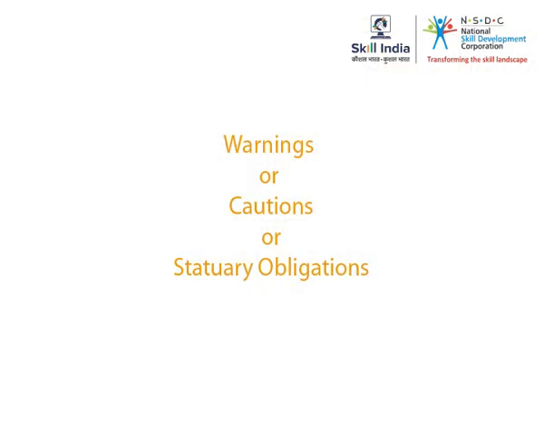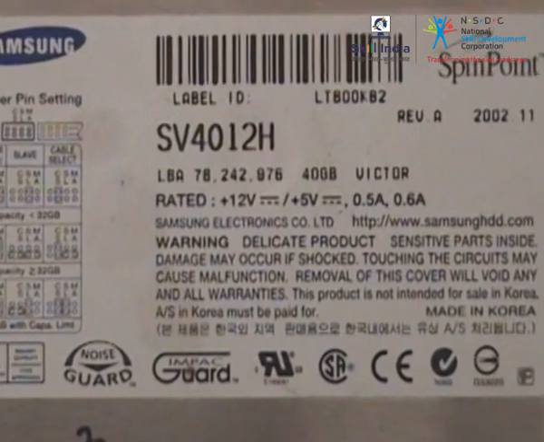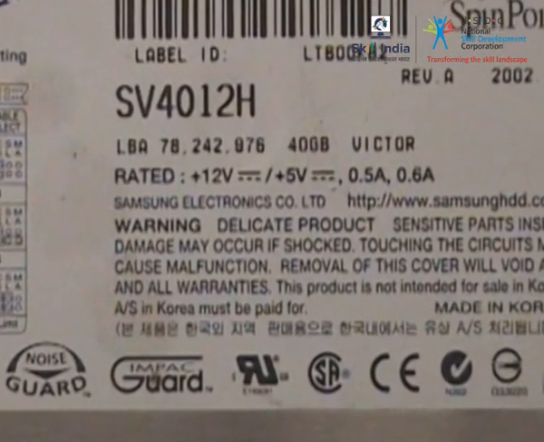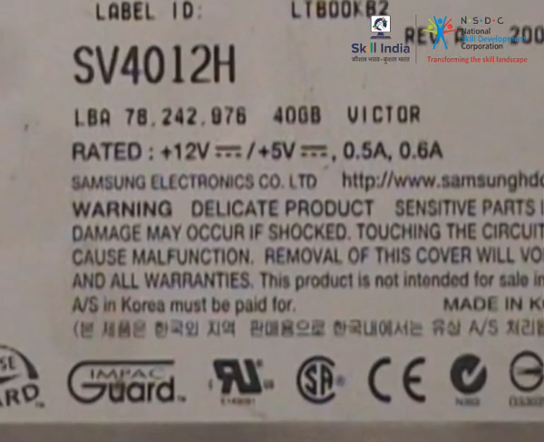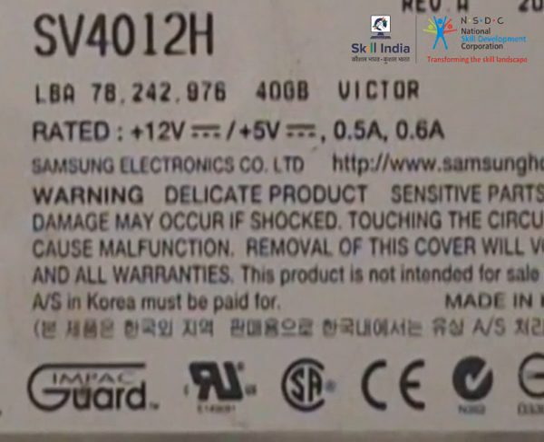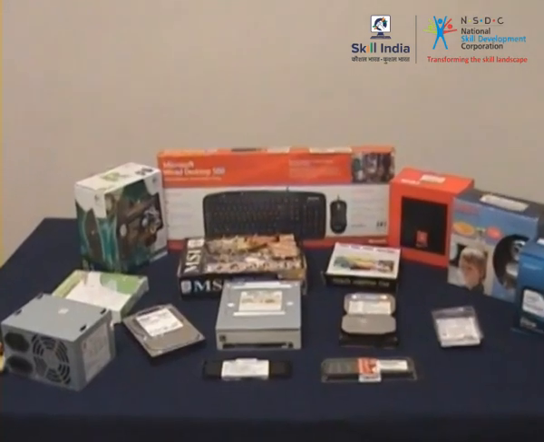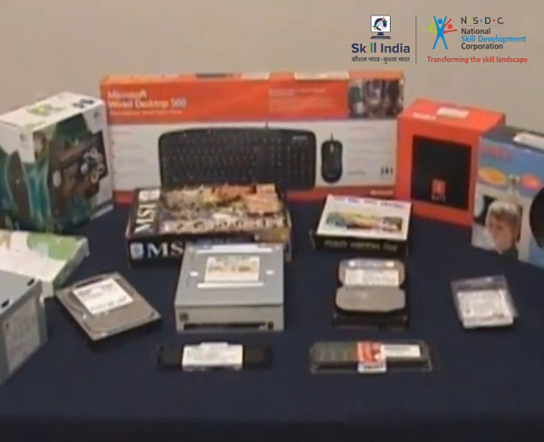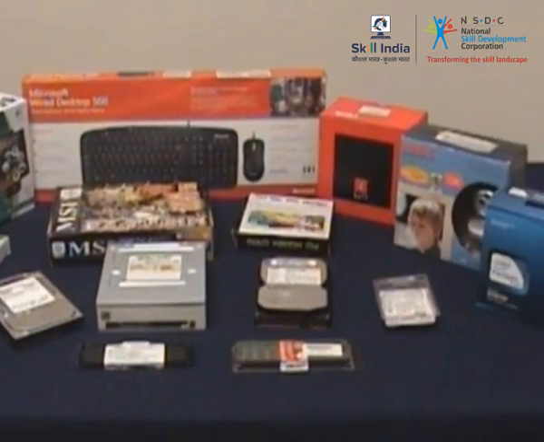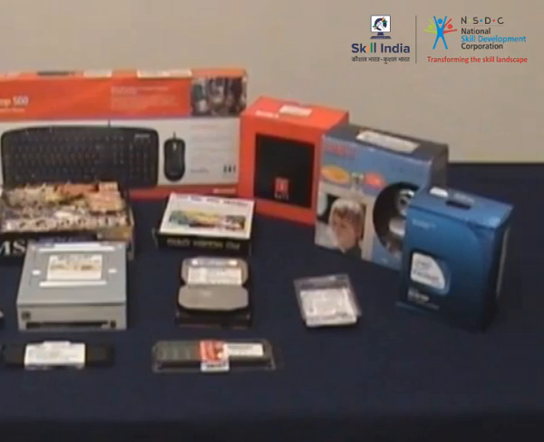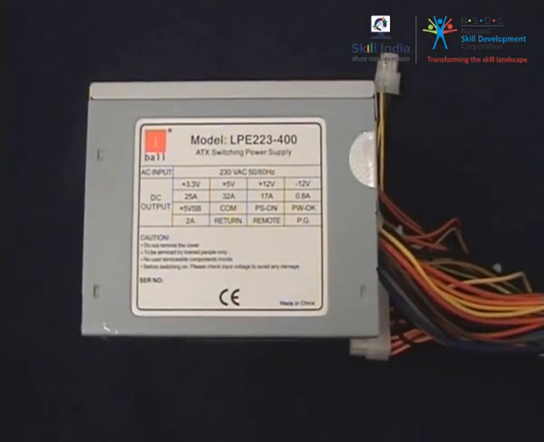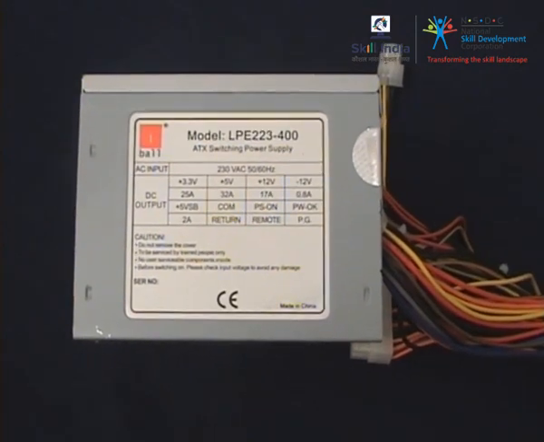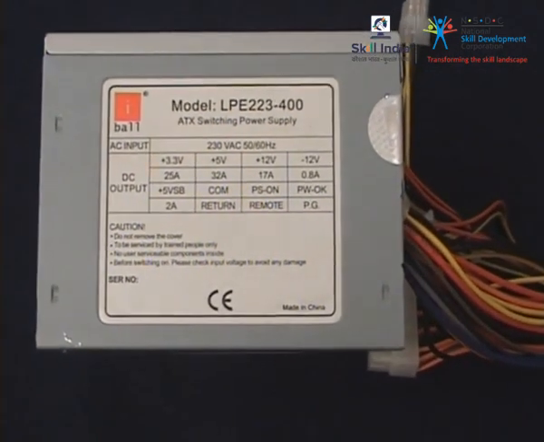Warnings, cautions, statutory obligations. This is something you must be aware of as a professional. It means the legal standards to be followed. Every part will have statutory requirements for usage, sizes, quality aspects. These should also be displayed on the label. For example, in the picture, the label of the SMPS is displayed.